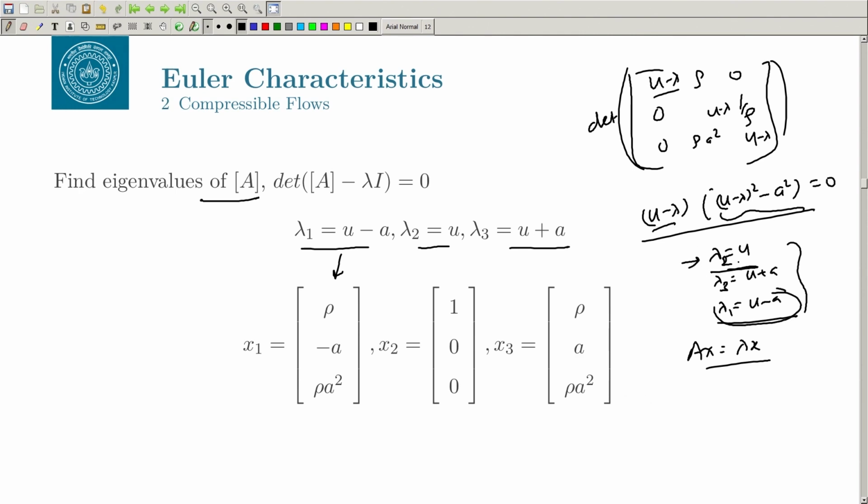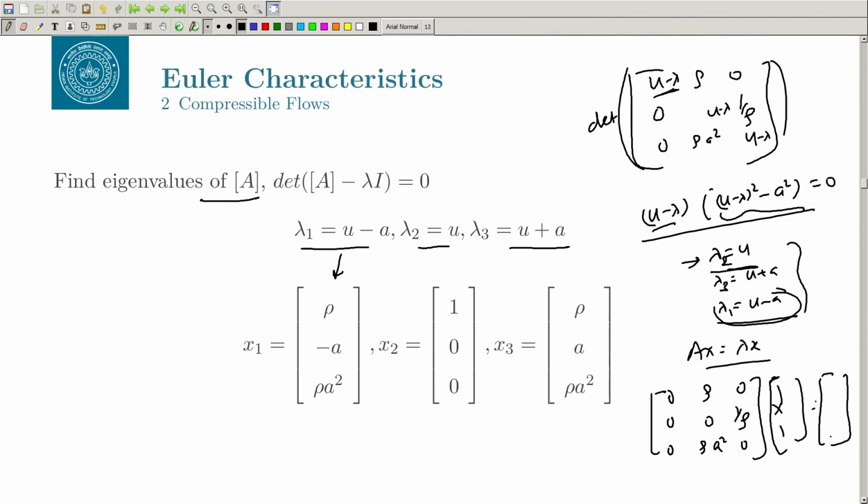If you take the corresponding λ2, it will become this equation, if you put λ equal to u, it becomes 0 ρ 0, 0 0 1/ρ, and 0 ρa² 0, and then x equal to 0. Okay, this is what you are interested in, because I have already done A minus λI, I have taken this λ out. So, what you are interested in is the value of x, for that you get a null space, and you can see that if you use 1 0 0, this will go to 0.